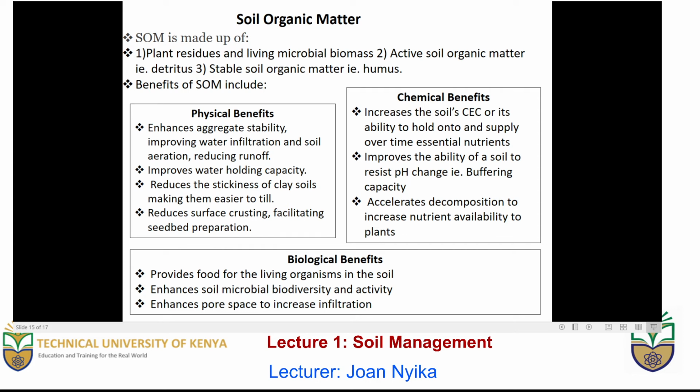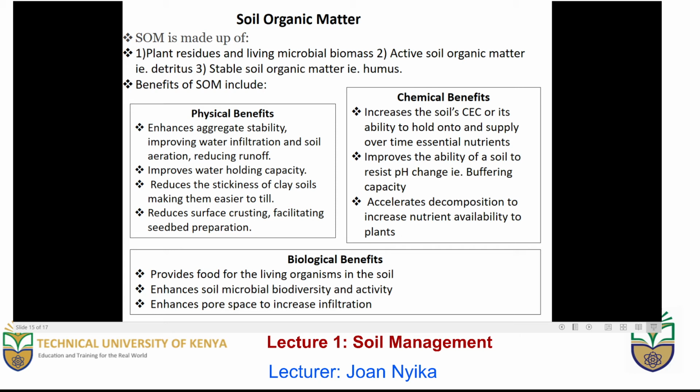It also improves water holding capacity, reduces clay soils from being sticky, reduces soil crusting and prevents what we call compaction.